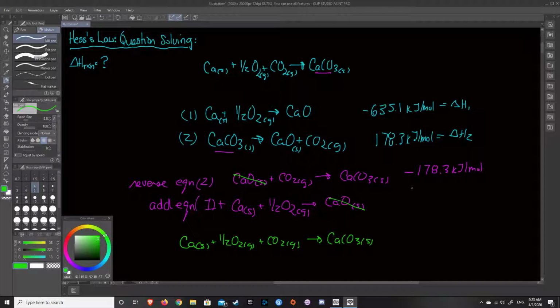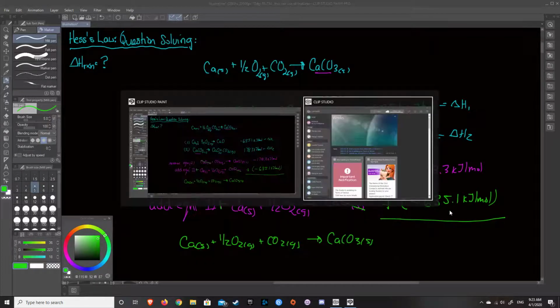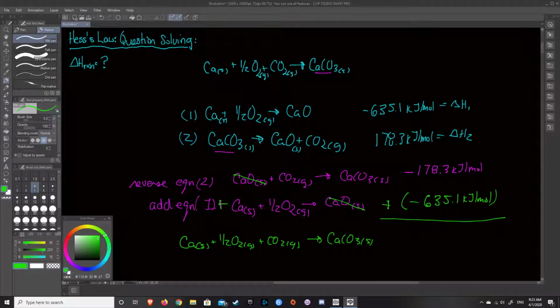We've just added these. So we do negative 178.3, plus, because we just added the second equation, negative 635.1 kilojoules per mole. Give me a second to get my calculator.